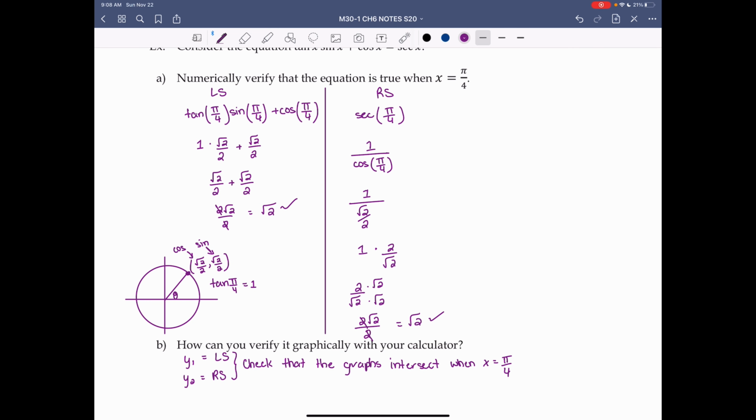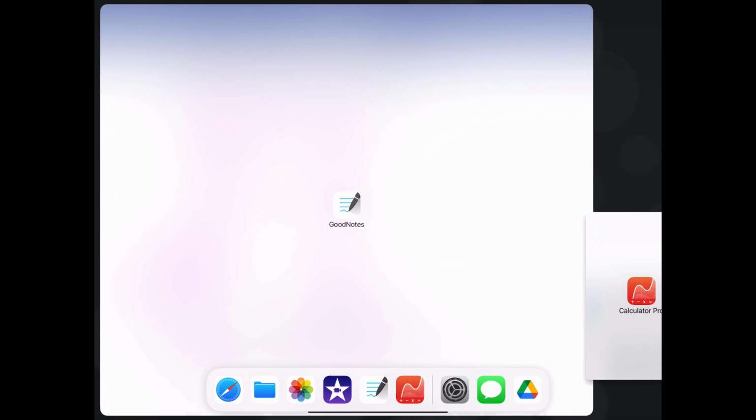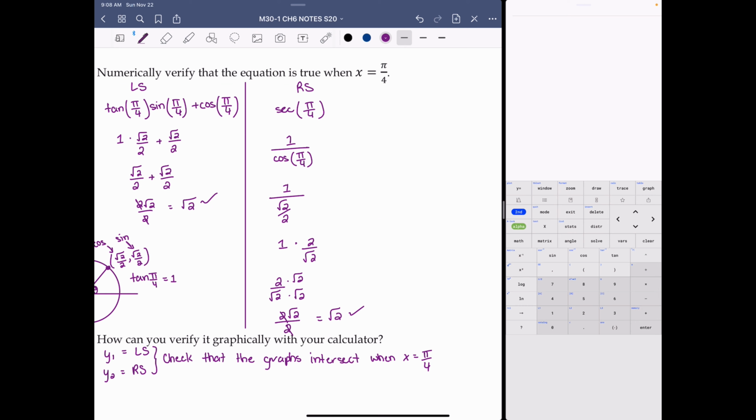Pull up our graphing calculator. We need to make sure that we're in the right mode. So this question is in radian mode. Go to mode. I am in radians already, so that's fine. Hit exit. Then I want to go to y equals, and I want to graph the left side of the equation, which is tan x, move out of the brackets, times sine x, move out of the brackets, plus cos x.